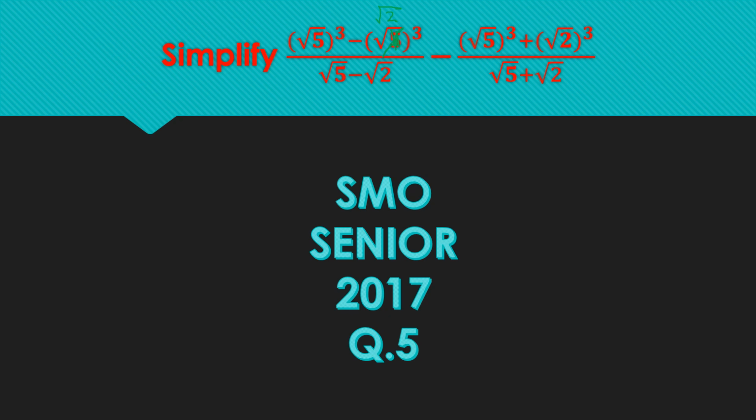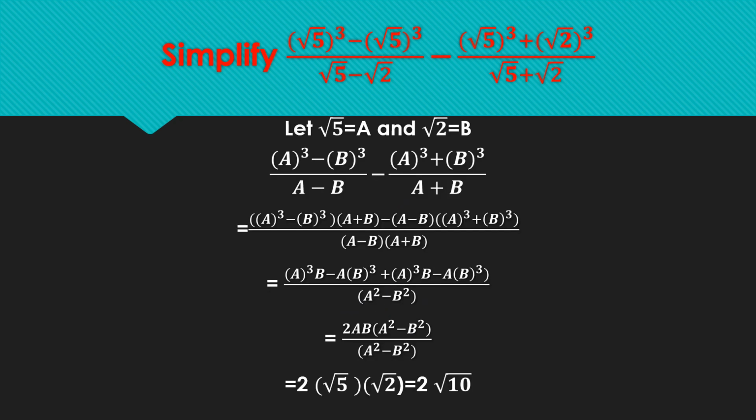Alright, let's continue. Now, I'm going to do the same method. Let root 5 equal to A and root 2 equal to B. I also apologize, this is supposed to be root 2.